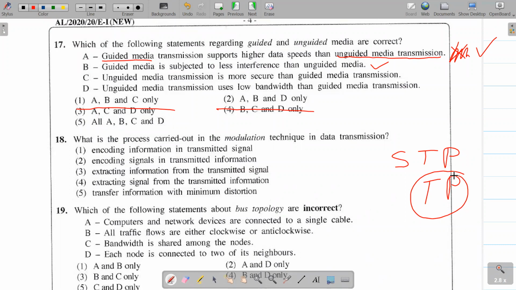So in that aspect, D is going to be an incorrect one. If D is incorrect, the second and fifth options get out. This is the first one. How will you get the answer? Second, A, B, and D. Doubtful. Unguided media transmission uses low bandwidth. Let me check.